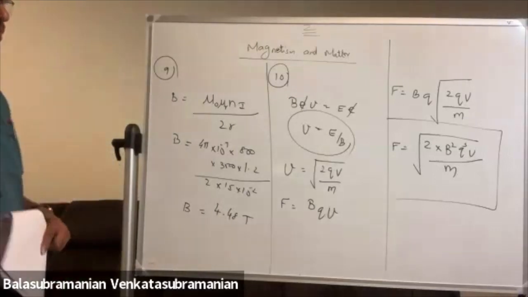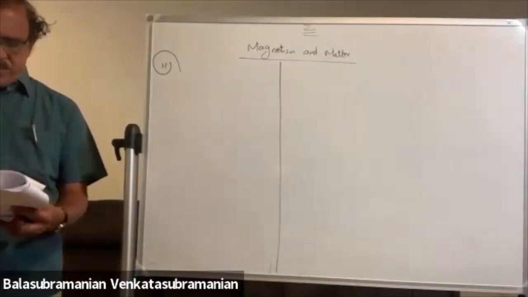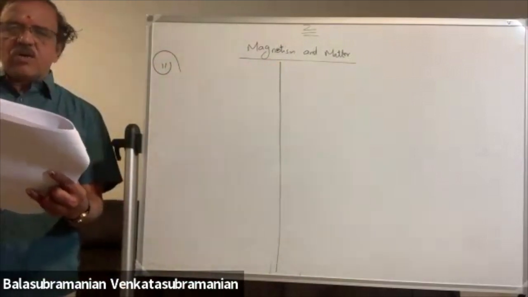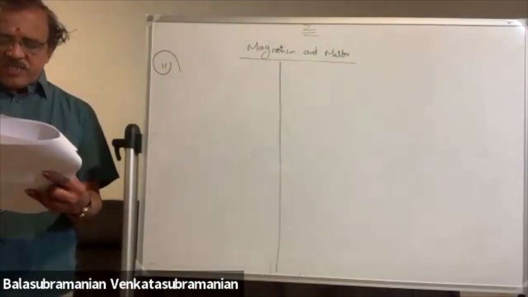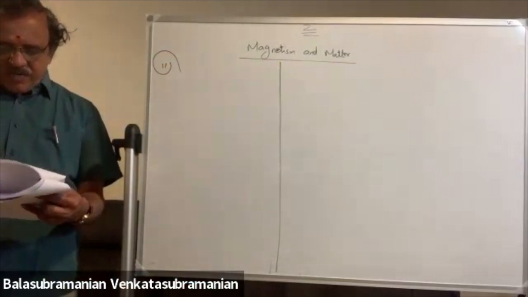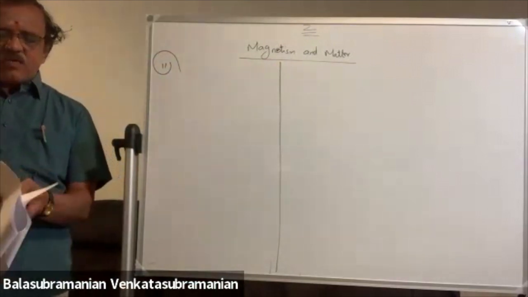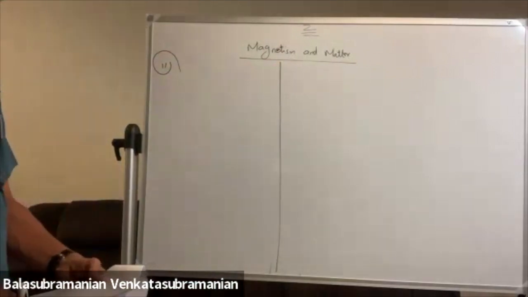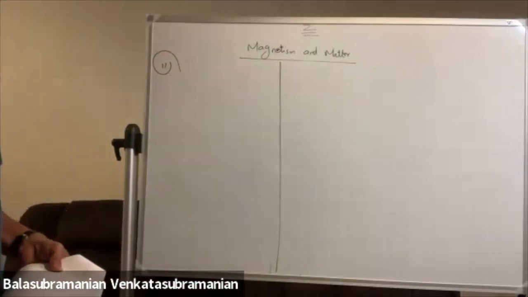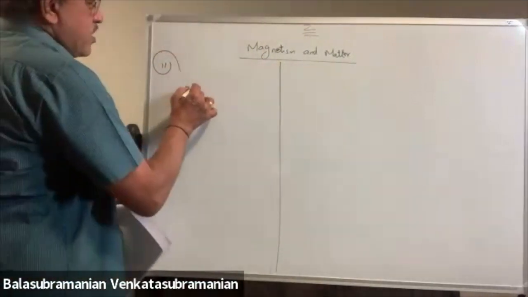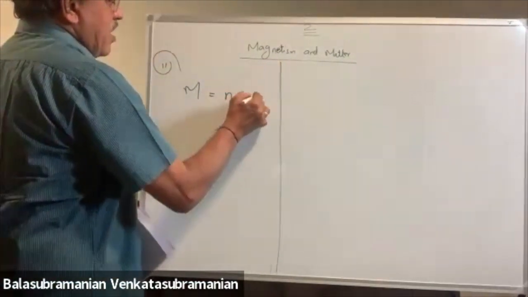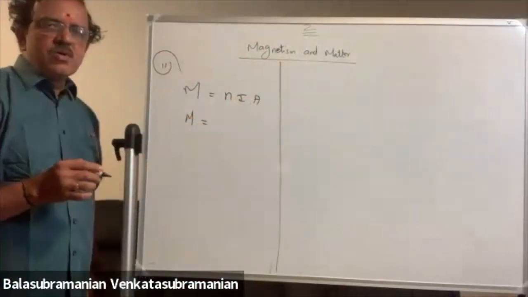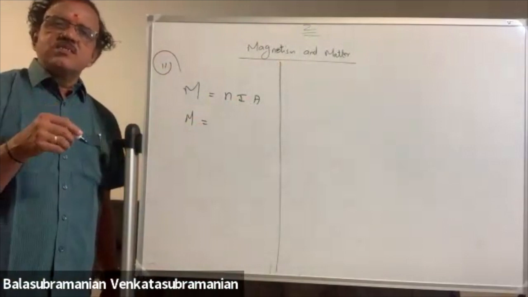Okay. Fine. 11th problem. Calculate the magnetic dipole moment of a circular coil of radius 5 cm and 50 turns, carrying a current of 3 ampere. Magnetic moment is NIA or NAI, whatever it is. Capital M you can put, or P with suffix small m.